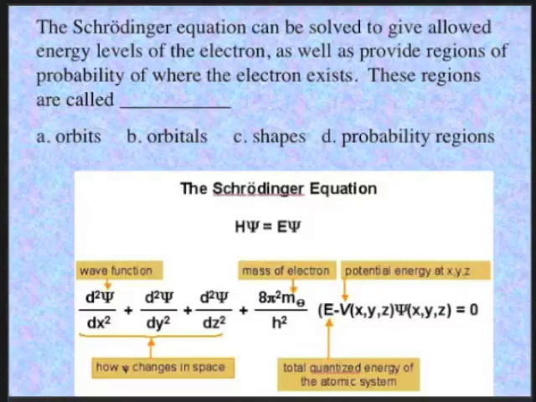A special equation called the Schrödinger equation can be applied to the wave behavior of electrons to give allowed energy levels of the electron, as well as provide regions of probability of where the electron exists. These regions are not called orbits, they're called orbitals, regions in space where electrons may be found.